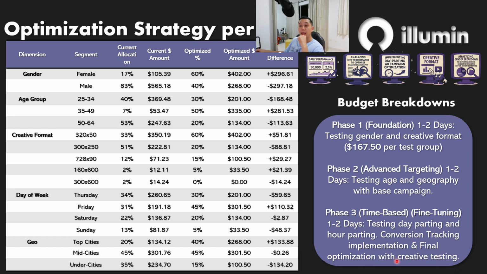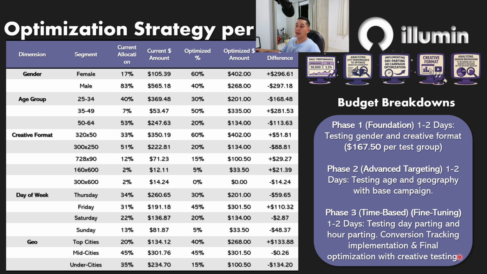I'm also planning on optimizing some of the creatives that we have for the highest impressions formats, so we can see if we can bring up the results on the ones that are not performing very well right now by switching the creatives, right? That's also another strategy that I'll implement on phase 3, which is like the 6th or 7th day of this whole implementation, right?